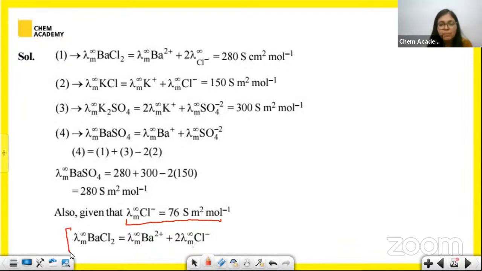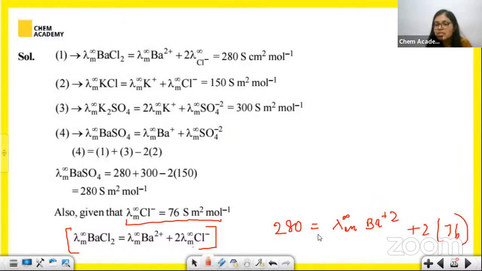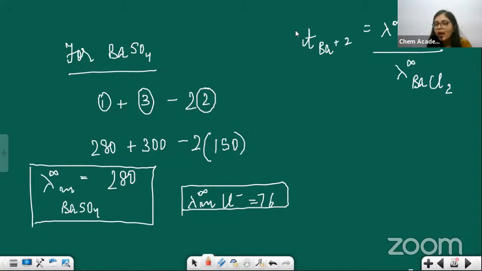We will just simply write the breakup of the equation and put in the values. We know that the value for BaCl2 was 280, plus we have to calculate this lambda m infinity of Ba plus 2, and we will put the value 2 into 76. When we solve it, we will get the value of lambda m infinity of Ba2 positive. Then we will put it again in this equation, and from here we can calculate the transport number of Ba plus 2.